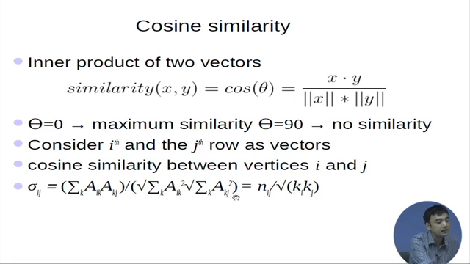This is nothing but the square root of the product of the degrees of these two nodes, assuming that the adjacency matrix is a 0-1 matrix. If it is a 0-1 matrix, then the sum of the squares of its elements will be nothing but the degree of that node. Similarly, for i you have a degree, for j you have a degree, and the normalization factor is the square root of the product of the degrees.